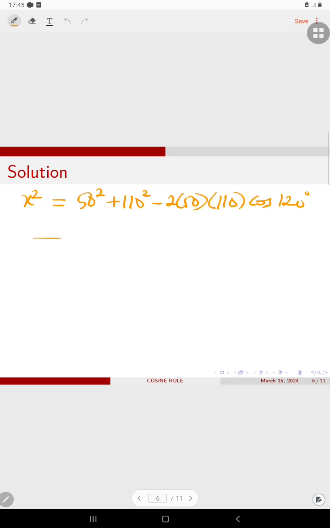We get x squared equals 2500 plus 110 squared is going to give us 12100 minus, here this one, 2 times 50 times 110, this will give us 11000 cos of what? 120.